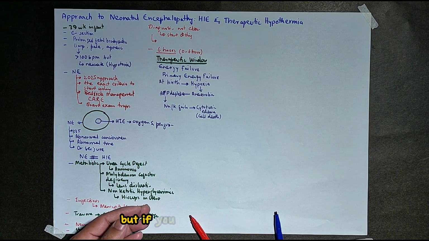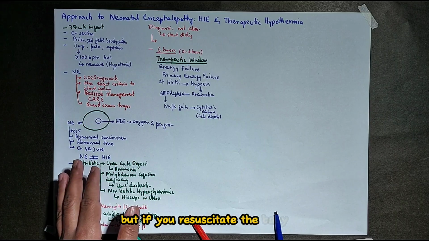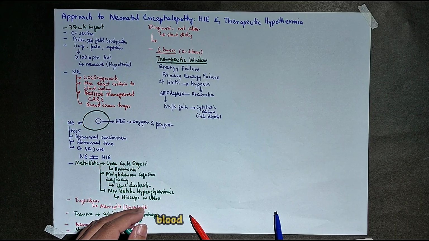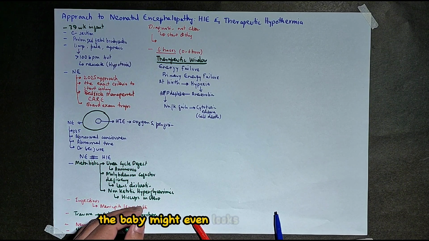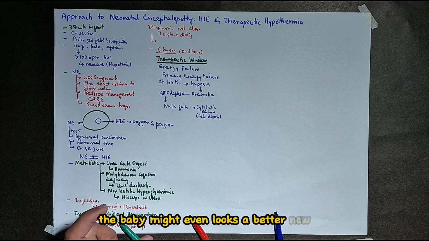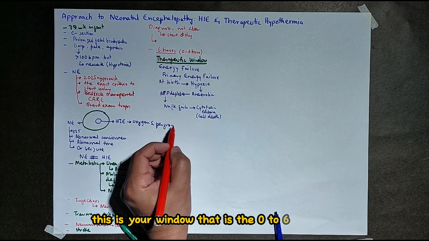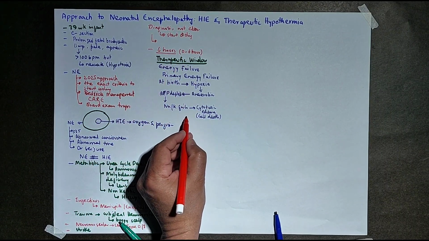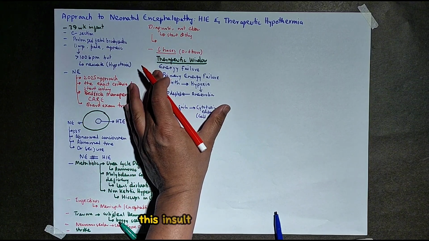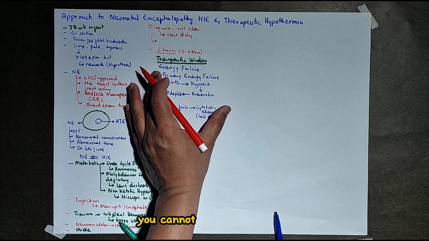But if you resuscitate the baby, blood flow returns and brain metabolism temporarily recovers. The baby might even look better. Now this is your window, that is the 0 to 6 hours. The insult has occurred. You cannot reverse it.